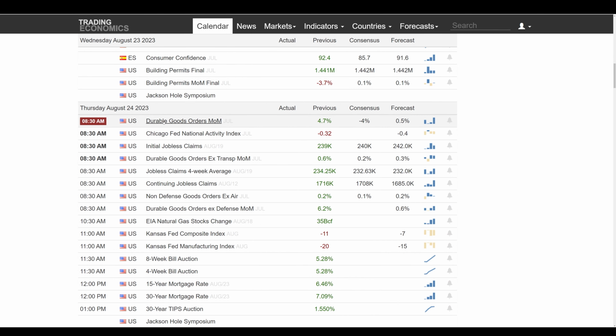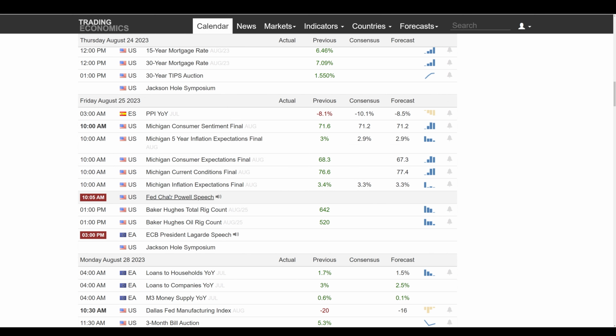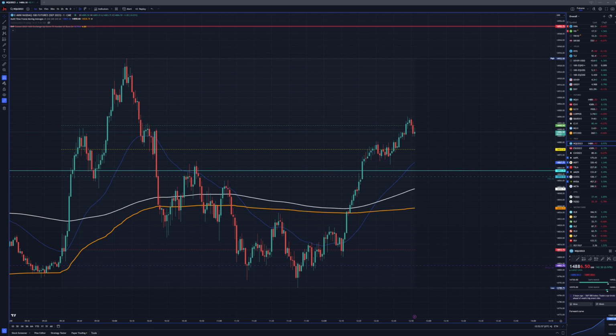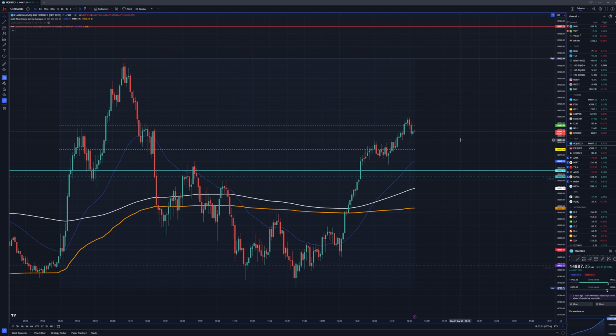On Thursday, we have durable goods, and as on all Thursdays, continuing jobless claims and initial jobless claims. And on Friday, Chair Powell's speech is starting the Jackson Hole Symposium, and this is going to be huge for the markets. So until Friday, manage your risk, pay attention to yields because those are really scary right now and are freaking out the market.